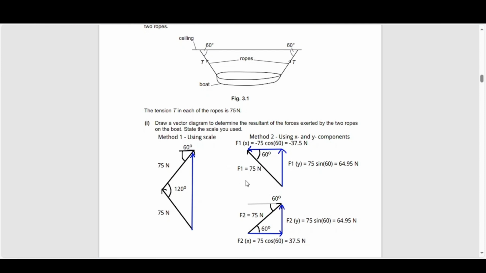So we know what the hypotenuse is, but we don't know what this side is. That's what we're trying to find. We do know that this angle is 60 degrees. So F1y is going to be equal to 75 multiplied by sine 60, because again, sine 60 is this side divided by that. So if I wanted to make this side the subject of the formula, I would just move the 75 and multiply it with the sine 60. So that gives me around 65 newtons.